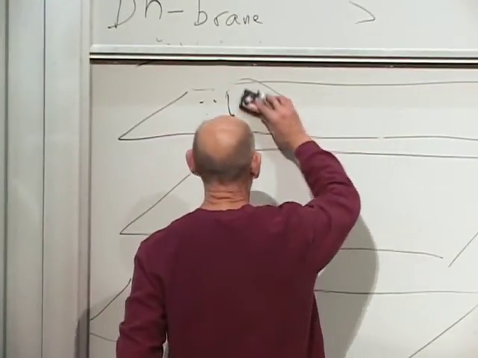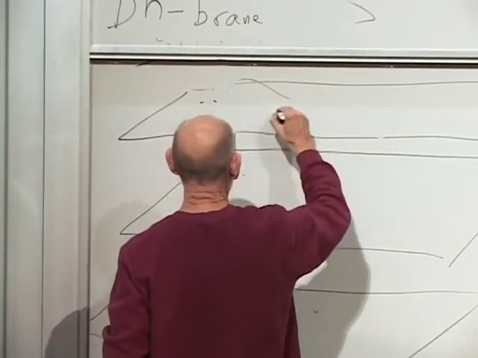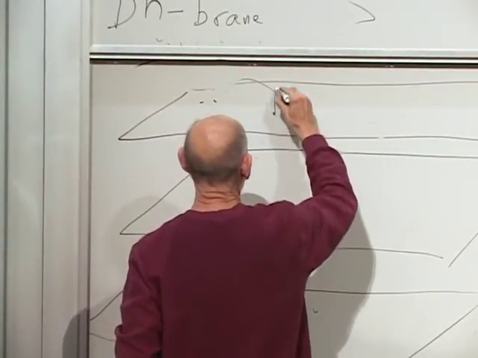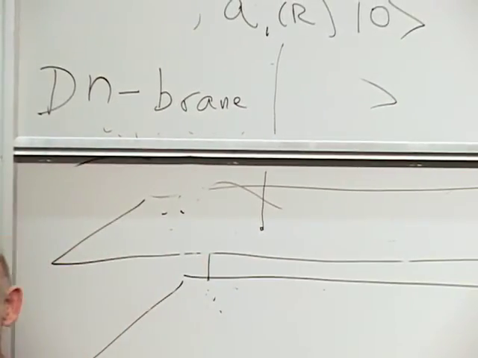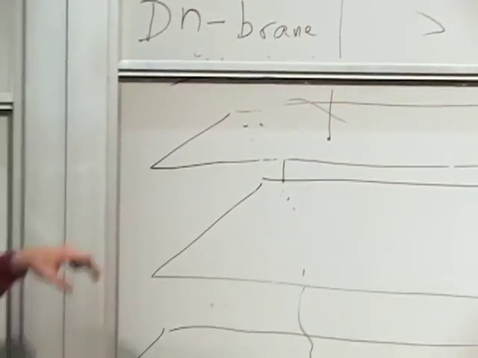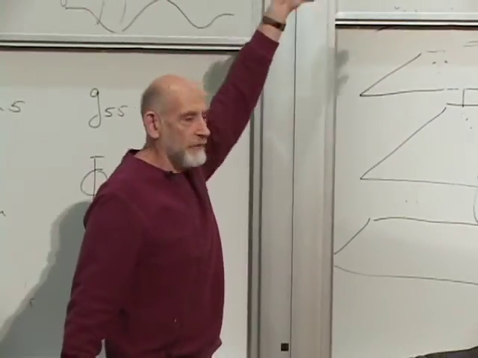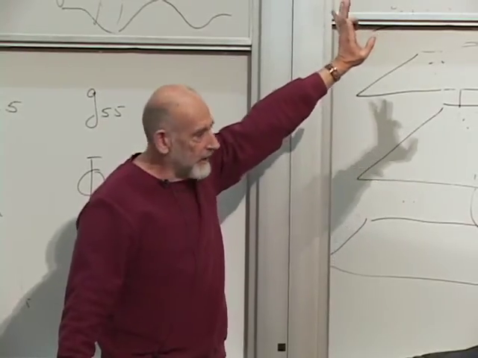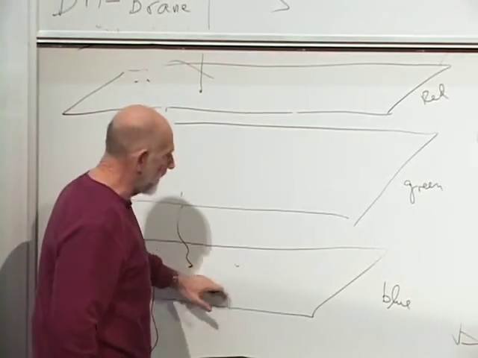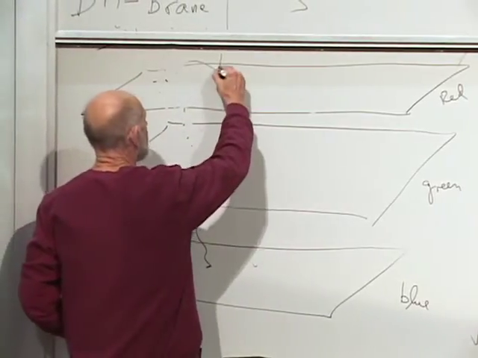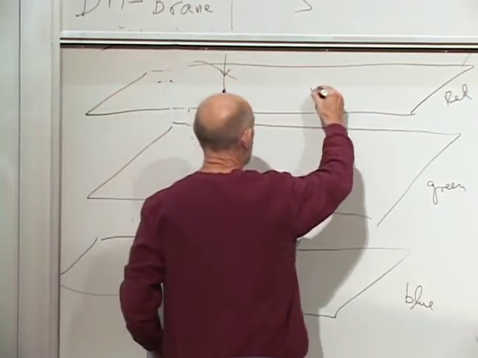A quark in this language is a string which ends on one of these branes and goes off to infinity. Now, it doesn't really have to go off to infinity. It could go off to some distant brane of a different kind, but it doesn't have another end which ends on one of these 3. That's a quark, and it's either a string coming in or a string going out.